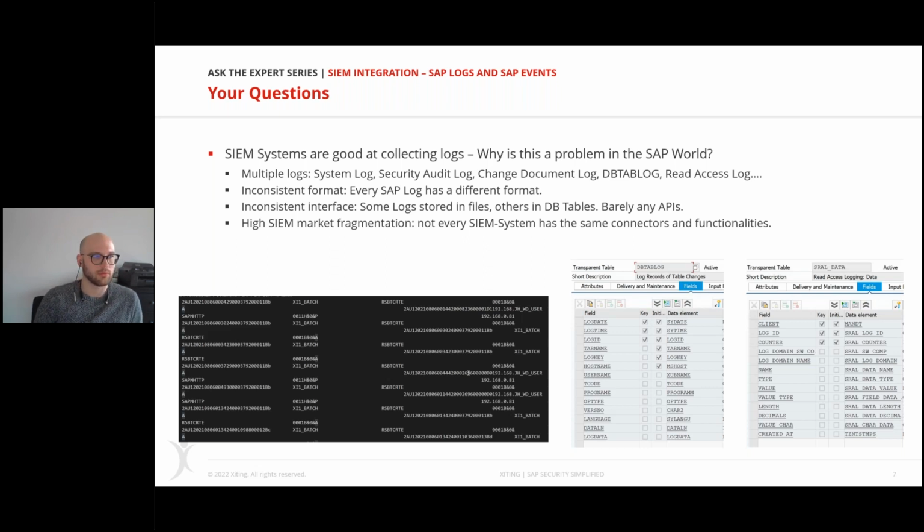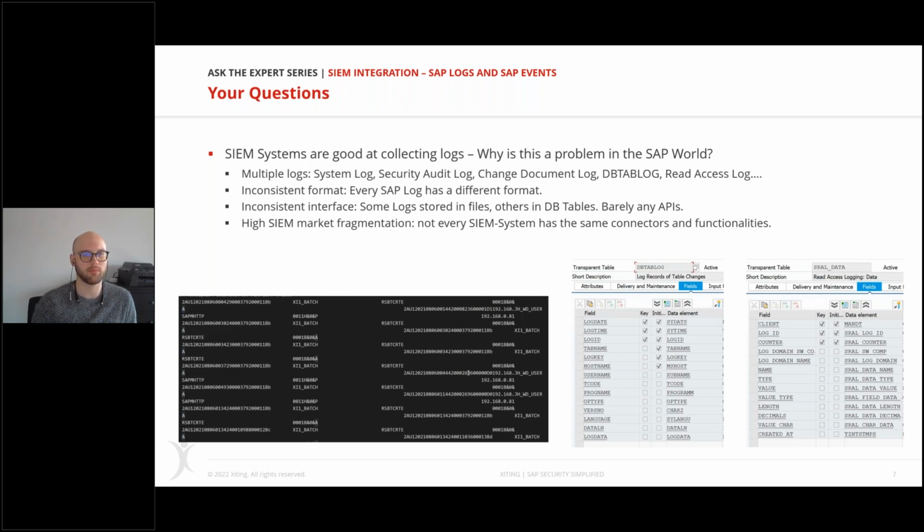First of all, there are a lot of logs. There are multiple logs. Just to name a few: system log, security audit log, the change logs, or the read access log. So you have to consider all these different logs. In other software solutions, sometimes it's just one log that you have to connect.